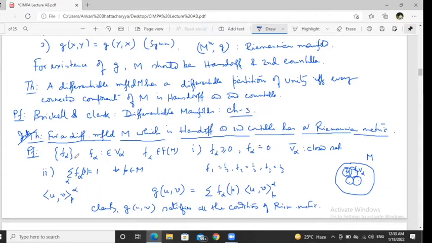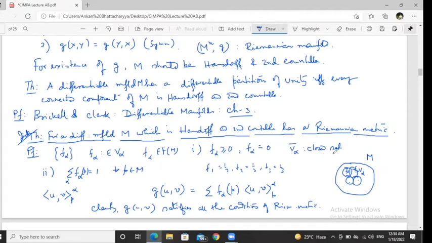For the partition of unity, I am just giving a sketch here. The partition of unity means these two conditions hold. There are some differentiable functions f_α on some open neighborhood V_α, with f_α belonging to F(M), and f_α is greater than or equal to 0, and f_α equals 0 on the complement of the closure of V_α.